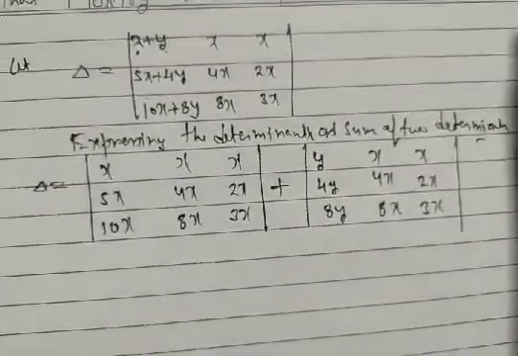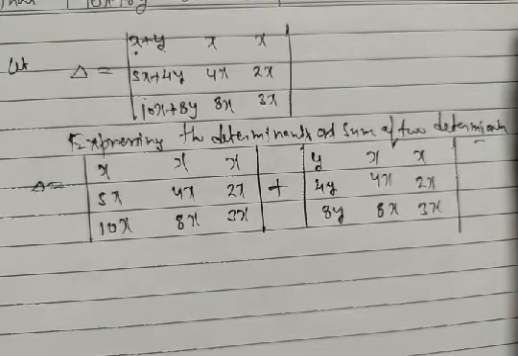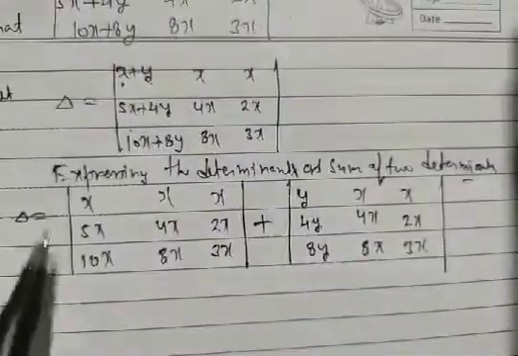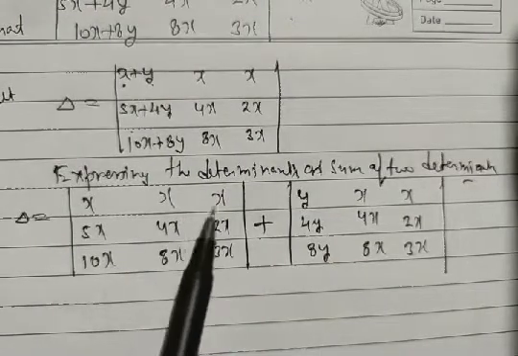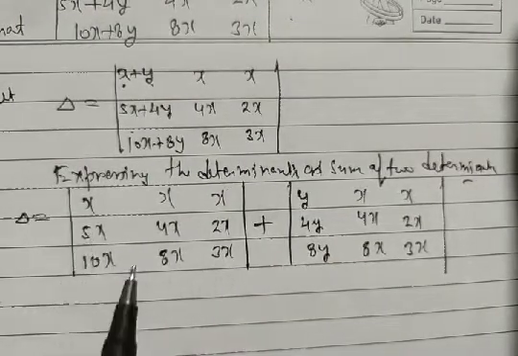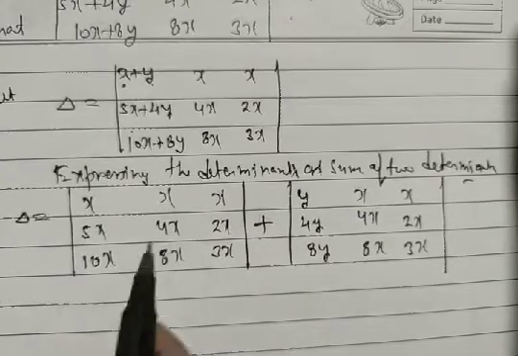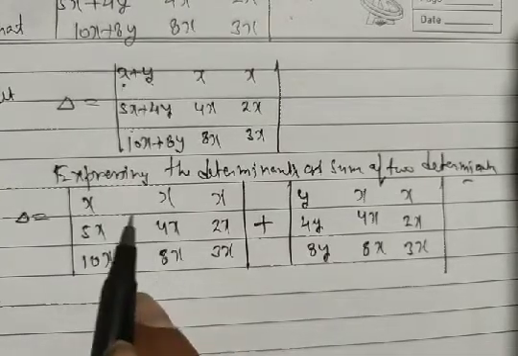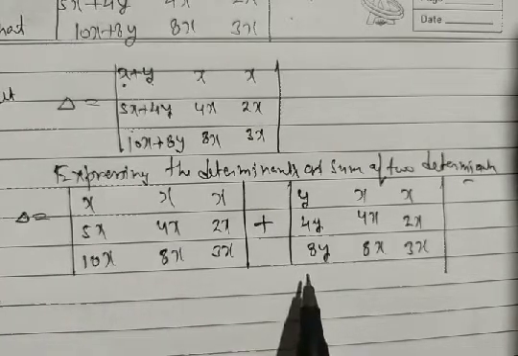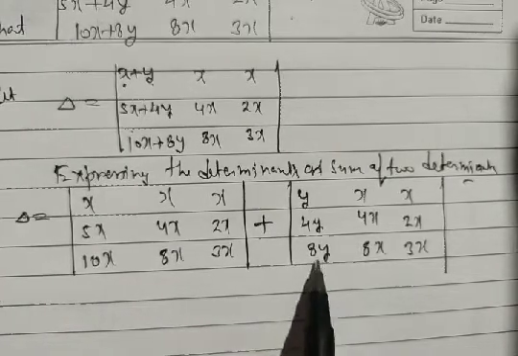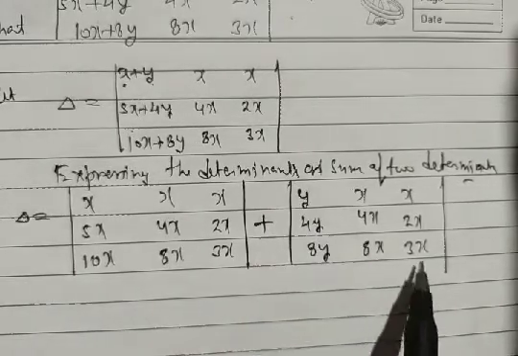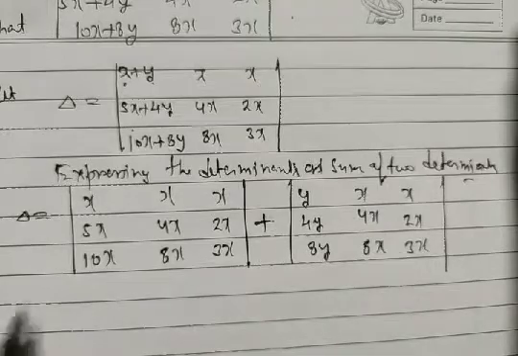Now we need x cube there. Look, we take x common, x common, x common, giving x cube. We take x common from R1, R2 and R3 in the first determinant, and in the second determinant we take common y from C1, x from C2 and x from C3.